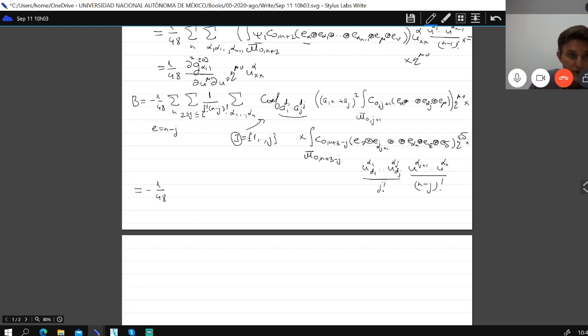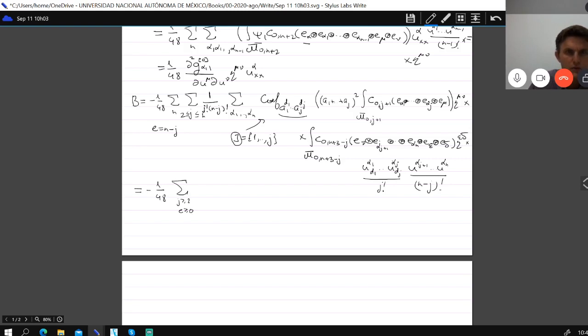So then the result splits. We have minus 1 over 48, and here we write the sum over small j greater or equal to 2, L greater or equal to 0.